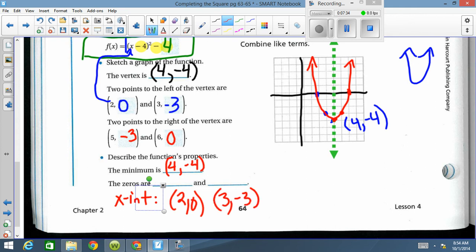But the zeros are the actual x values that solve this function and make it true. Those are the actual x values that when you plug them in, your output is 0. So that would be x equals 2 and x equals 3.